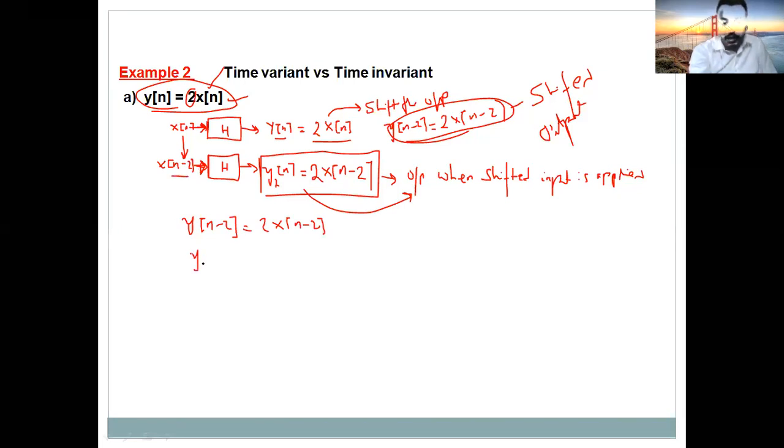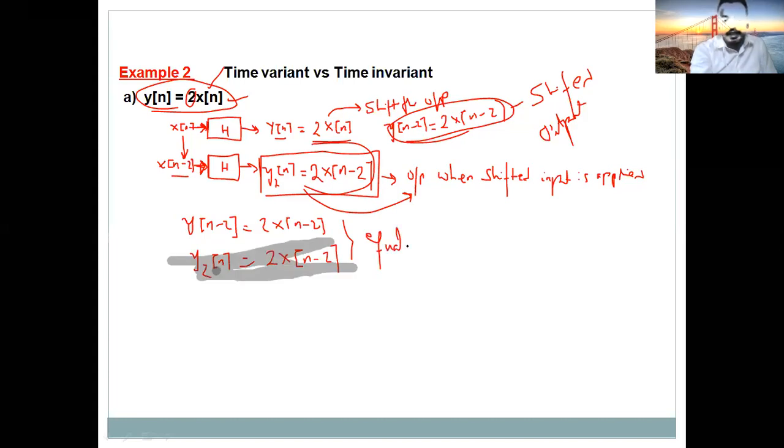The output y2 of n is 2 times x of n minus 2. Now compare the two. They are equal, the same.